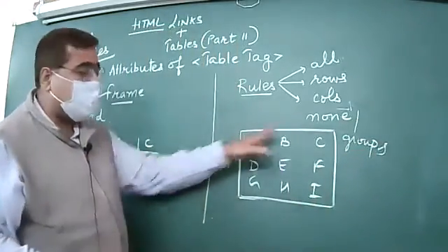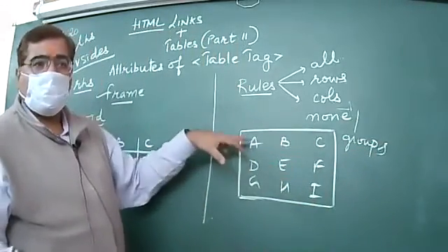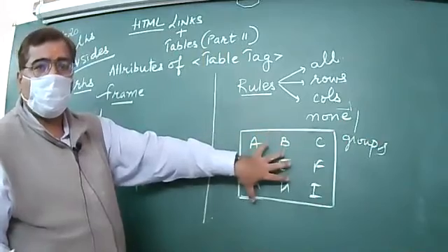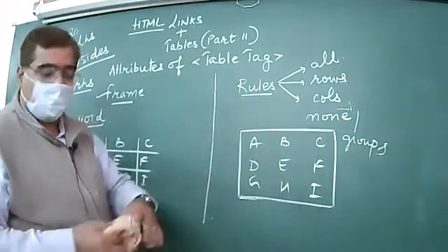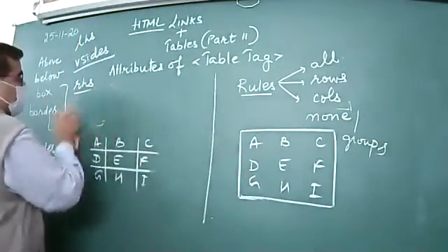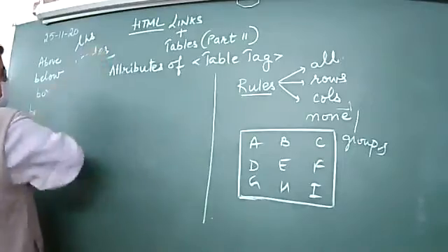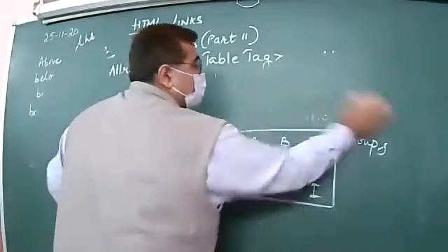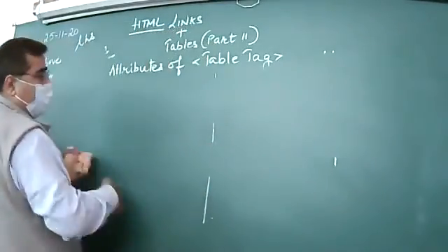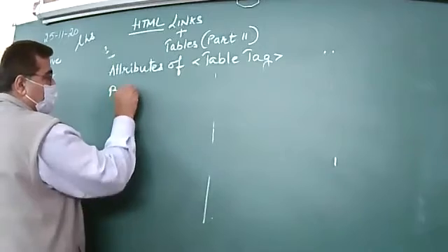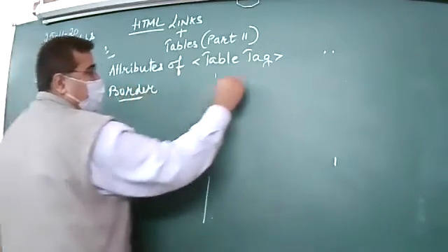Like a group, it is being appeared. It has become one group now. Clear? The next attributes are border and border color.